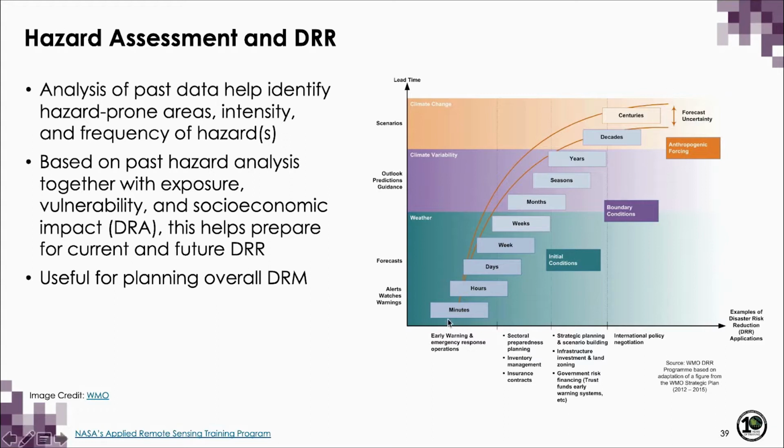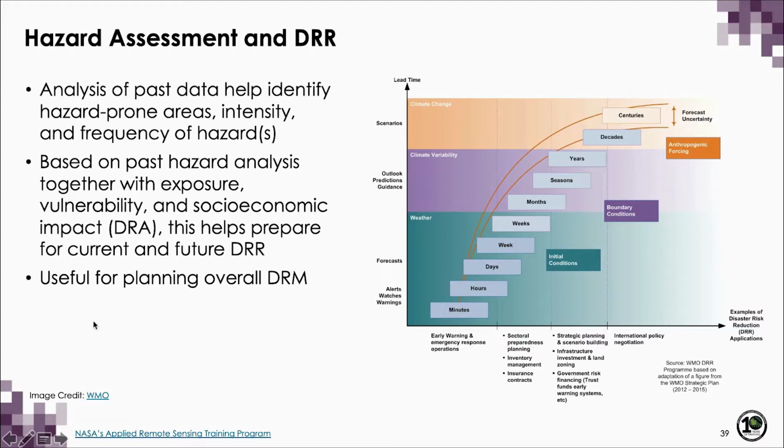What we are going to focus on in the next 3 weeks is basically this time frame, from hours to days to weeks to maybe a month or a season. As listed, analysis of past data helps identify hazard-prone areas and the intensity and frequency of hazards. Based on this past hazard analysis, together with exposure and vulnerability data and socioeconomic impact, which is basically disaster risk assessment, that can help prepare for current and future disaster risk reduction.